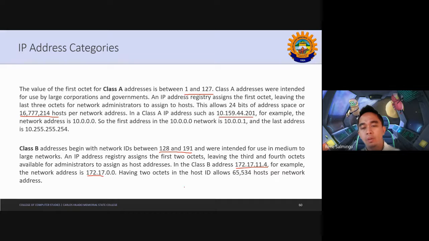And having 2 octets in the host ID allows you to have 65,000 hosts per network. So class A will have 16 million hosts, while class B can occupy about 65,000 hosts.